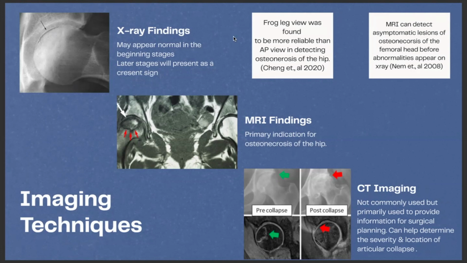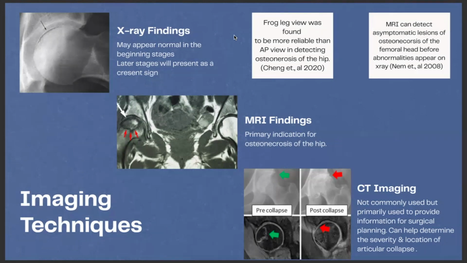It was also noted that the best view for this was the frog leg view. It was found to be more reliable than the AP view in detecting osteonecrosis of the hip. I was kind of confused before because I remember in class we learned that for a fracture or for a dislocation, we don't really want to use the frog leg view.